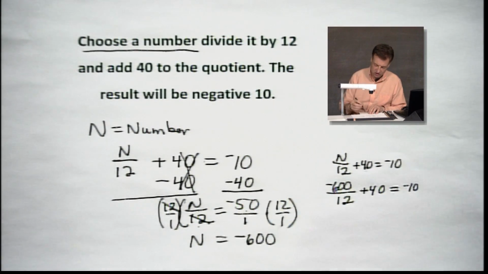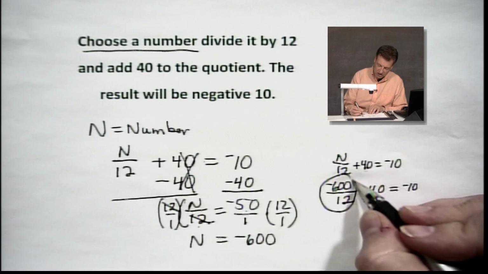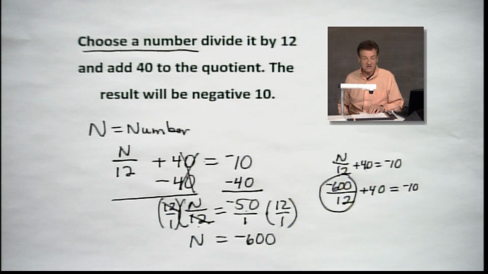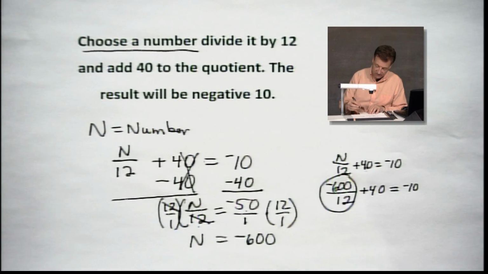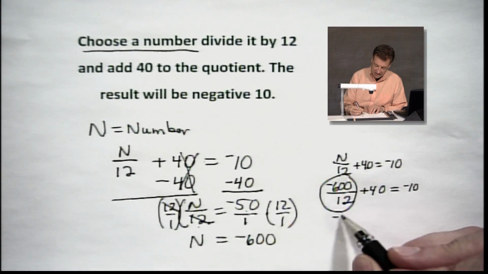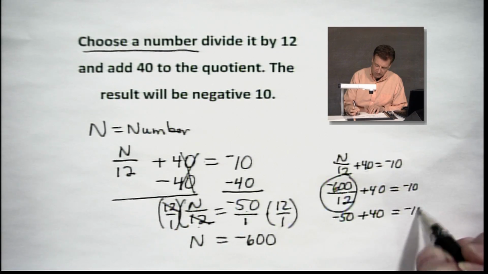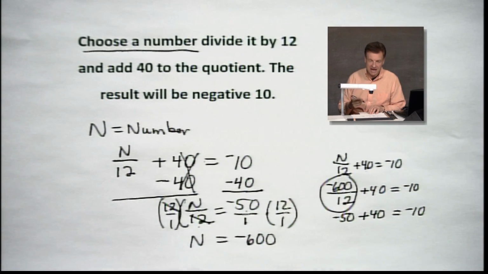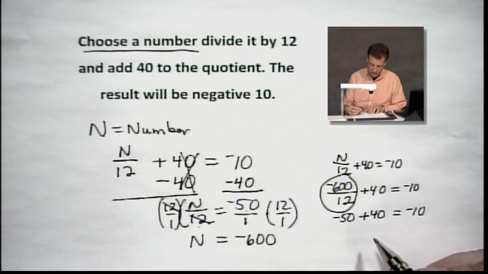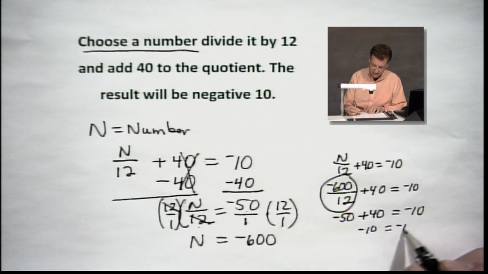That's the big question. Well, this works out very nicely: it's 50, and it's -50 because a negative divided by a positive will get us there. So we have -50, plus 40, and we're hoping that equals -10. By my count, it does. We get -10 equal to -10.